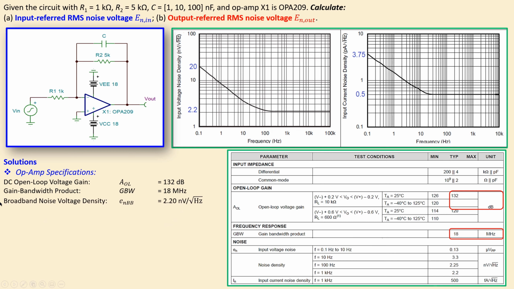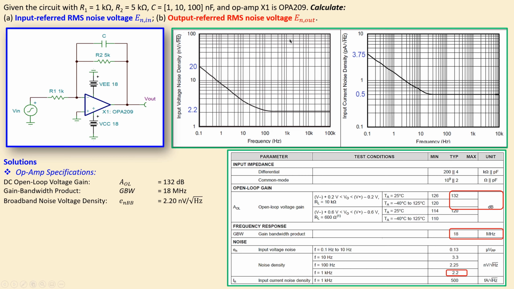Now specifically for noise analysis, the broadband noise voltage density, e sub n BB, is 2.20 nanovolts per root hertz, and that is shown here with this unit. The test condition is 1 kilohertz, so it applies at 1 kilohertz and up to higher frequencies.